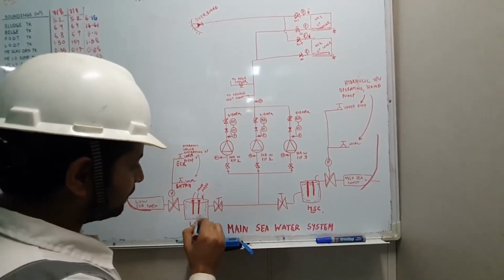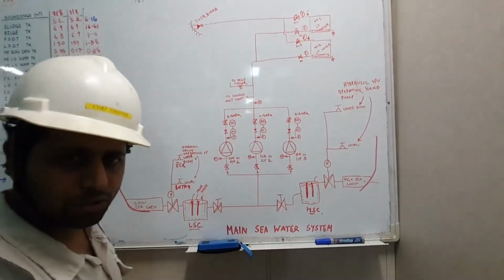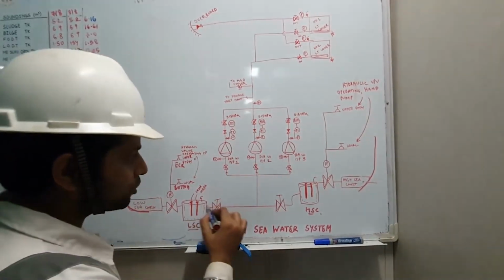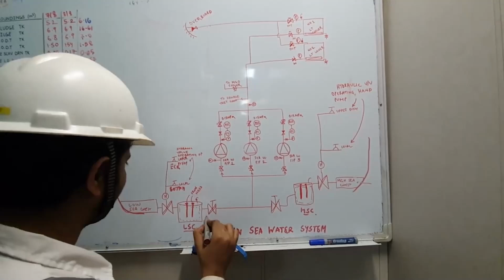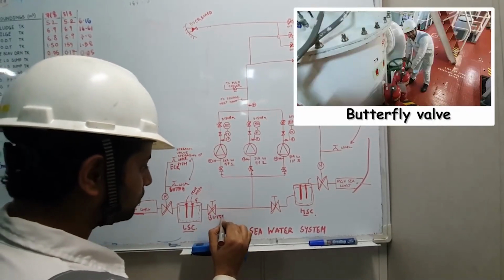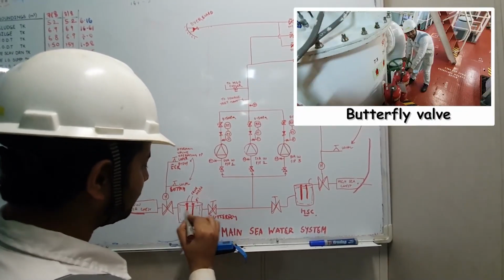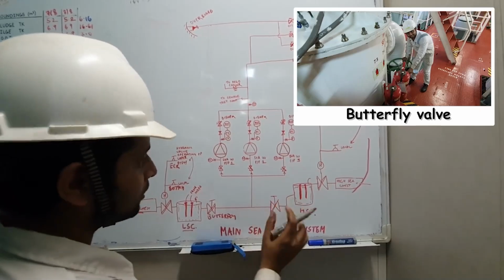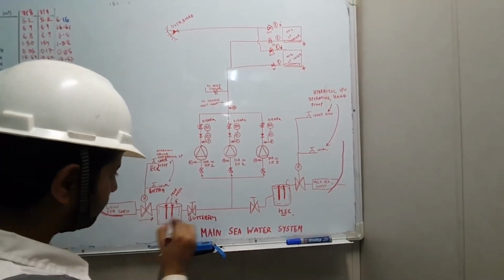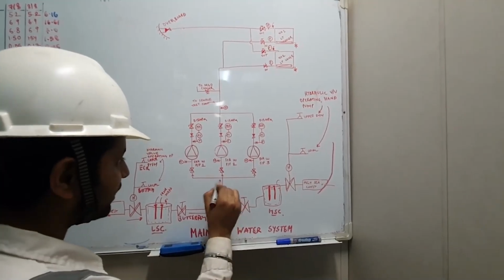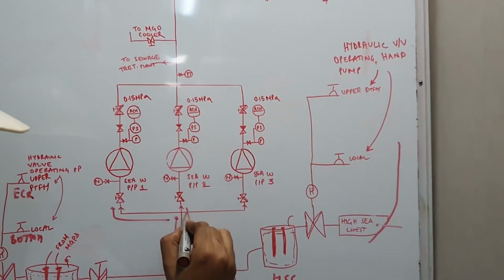This filter makes sure that sediments, marine growth, fishes, anything as such should not enter the system. Now we open this valve. This is opened manually. It's a big butterfly valve. So we open this valve manually, and now from here seawater comes in. I am assuming that I am keeping this valve shut and this valve shut. So from over here water comes in and it is waiting over here, right?